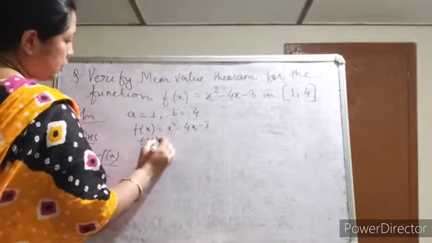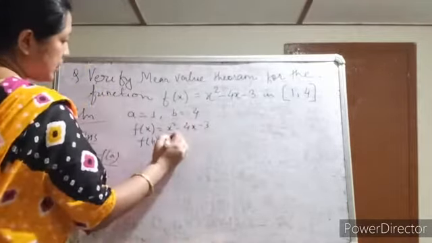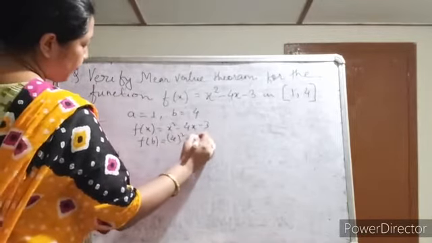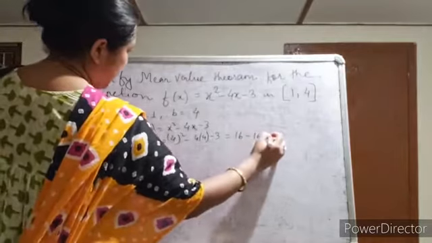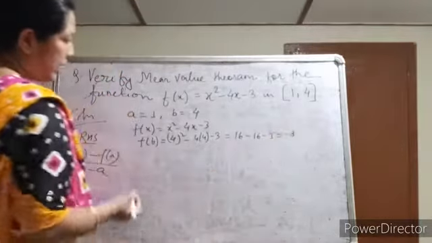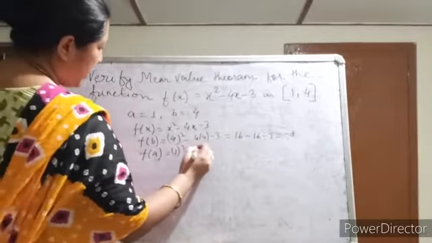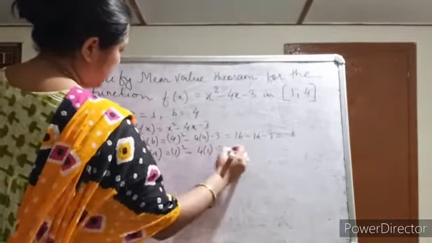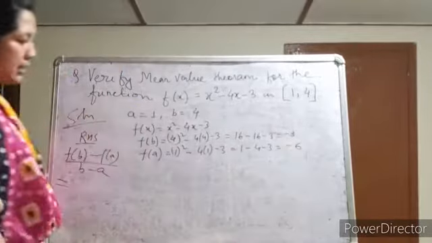So f of b, in place of x we have to put the value of b. So b is our 4 square minus 4 times 4 minus 3. So 16 minus 16 minus 3. So it is coming to be minus 3, isn't it? And f of a will be 1 square minus 4 times 1 minus 3, that is 1 minus 4 minus 3, that is minus 6.